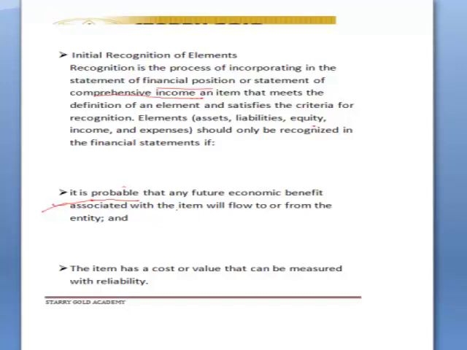If it is an expense or a liability, it will flow out from the entity. That's the first condition. Two, the item has a cost or a value that can be measured reliably. That's the second condition.